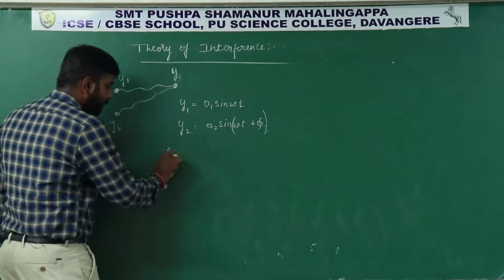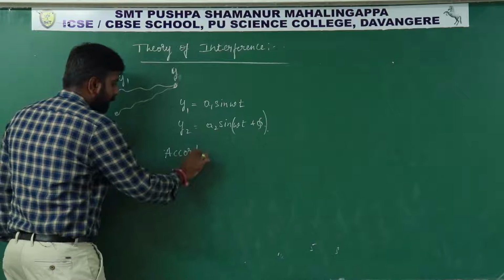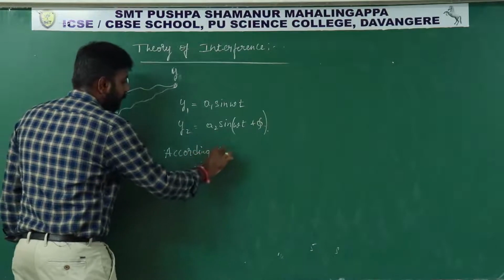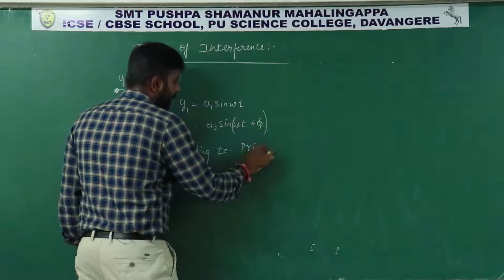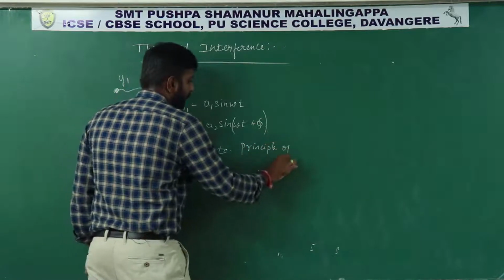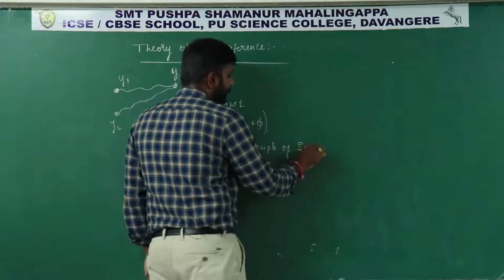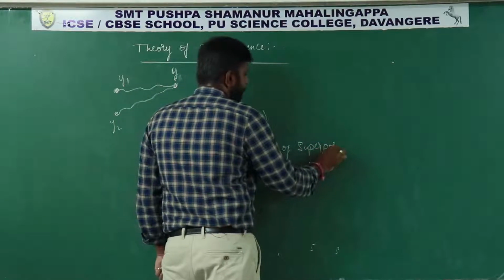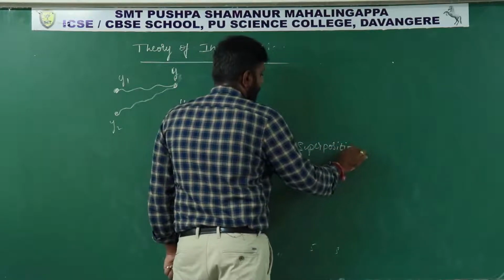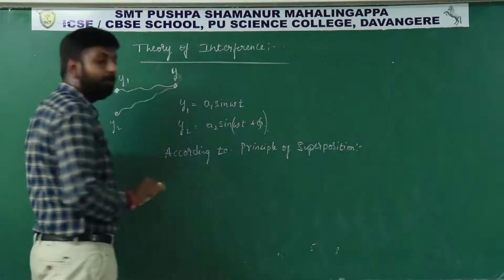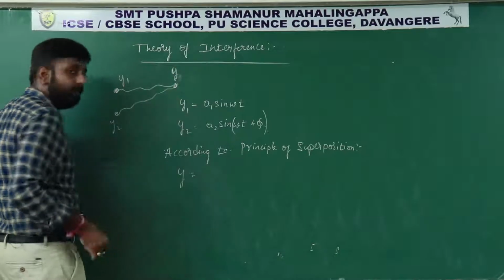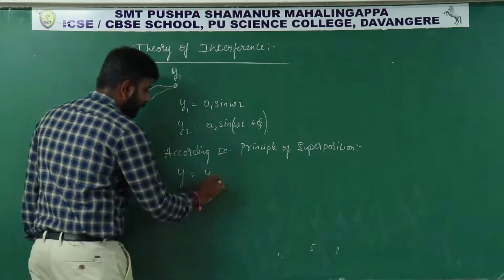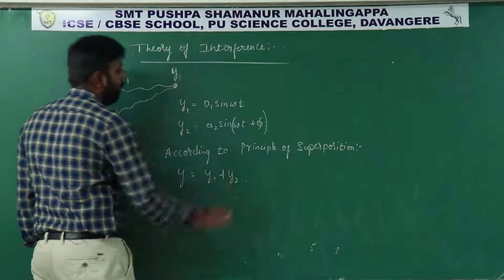Then, according to the principle of superposition, the displacement of the resultant wave y is equal to y1 plus y2.